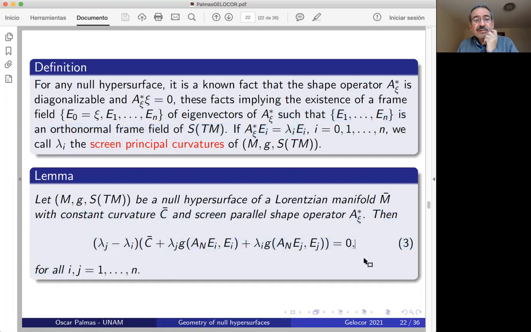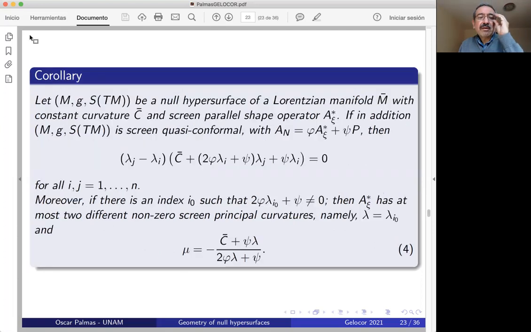It's just a calculation, but it can be used in the following way. Let us give this particular case. Consider a null hypersurface of a Lorentzian manifold with constant curvature and screen parallel shape operator.